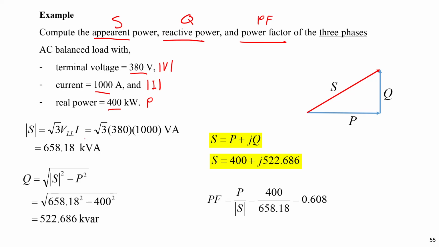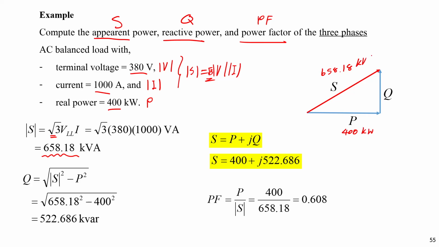In this case, we can compute S. Absolute S is equal to root 3, absolute V and absolute I. Because this is three phase, don't forget square root 3. So it's root 3 times 380 times 100. This is absolute S, which is 658.18 kVA, and P is 400 kilowatt.